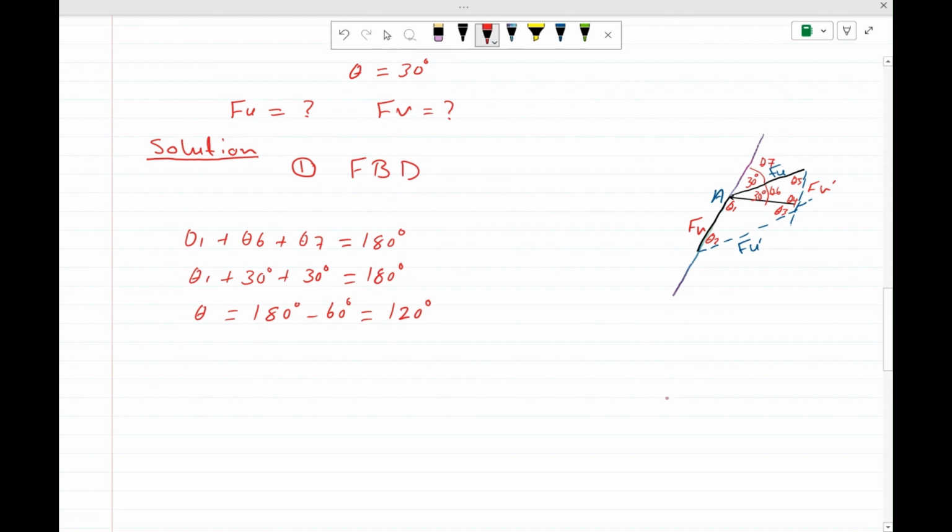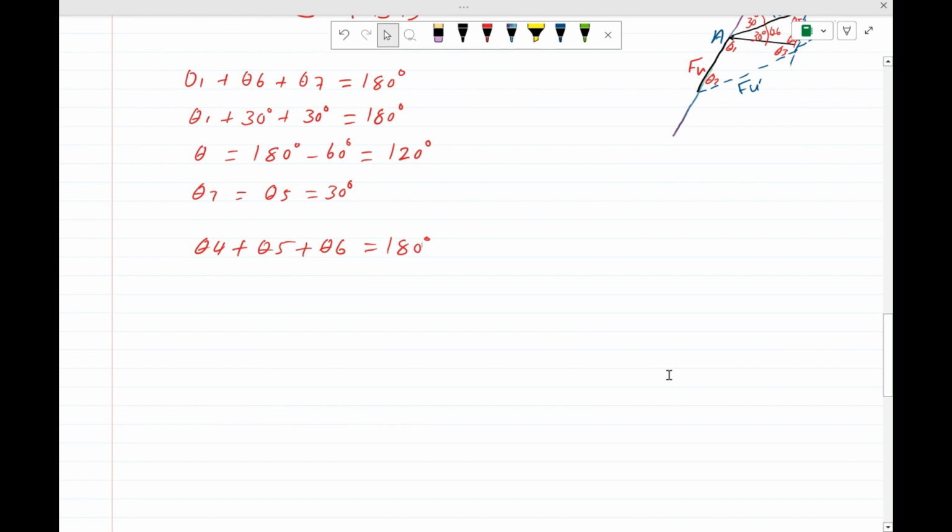Theta 7 equals theta 5 equals 30 degrees. Theta 7 equals theta 5 as an alternating angle. Also, we have theta 4 plus theta 5 plus theta 6 should equal 180 degrees. When we add all of the interior angles of the triangle, they should add to 180 degrees.